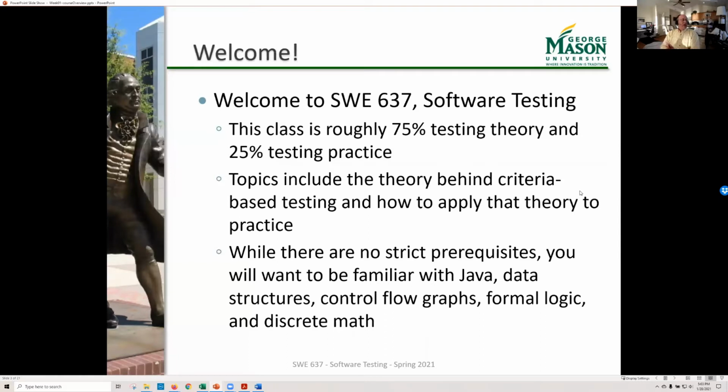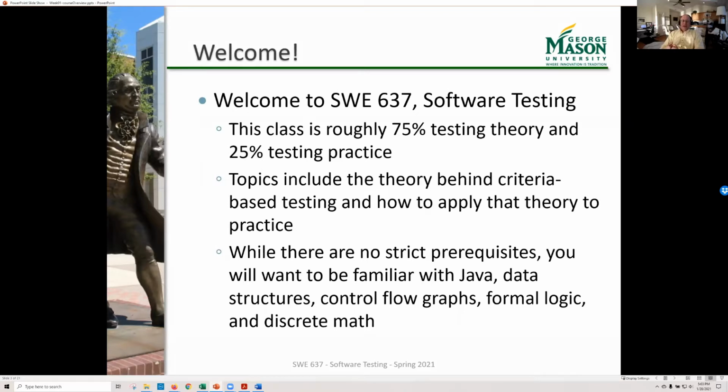SWE637 software testing. This class is going to be about 75% testing theory, about 25% testing practice. So if you were thinking, great, I'm going to learn JUnit, well, you are actually going to learn JUnit, but we're really not going to be focusing too much on the hands-dirty side of how you write tests.